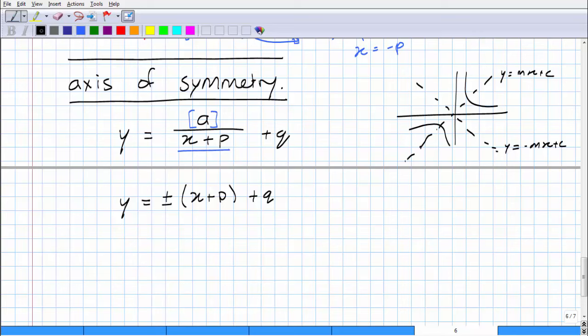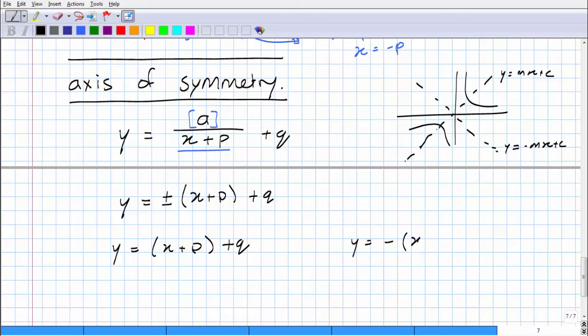And then sometimes they'll say, well, give the positive axis of symmetry. In other words, the one of positive gradient, which is going to be y equals, and then you just look at the positive, x plus p plus q. So whatever that works out to, and the negative one will be y equals negative (x plus p) plus q. So you literally just take the values that are at the bottom.